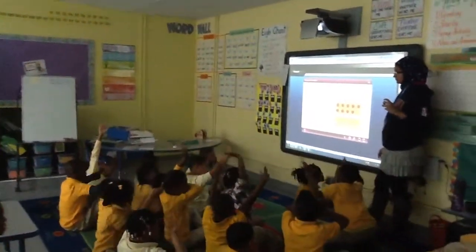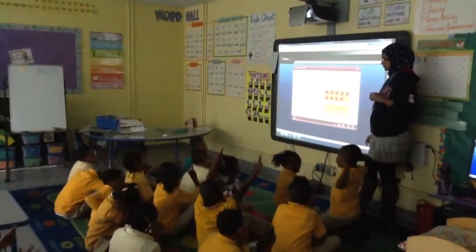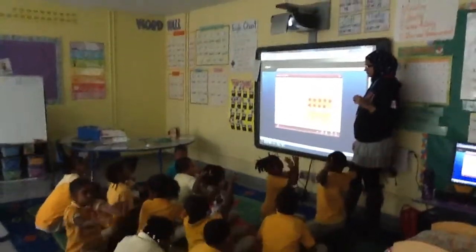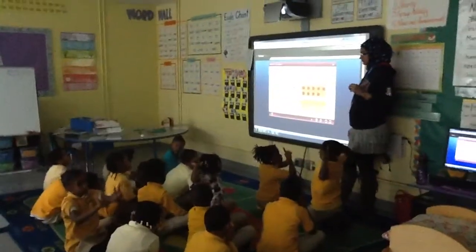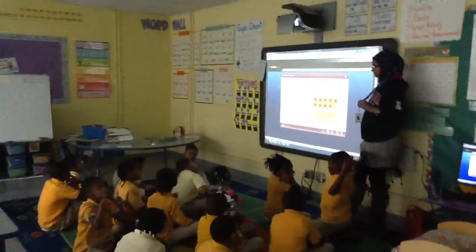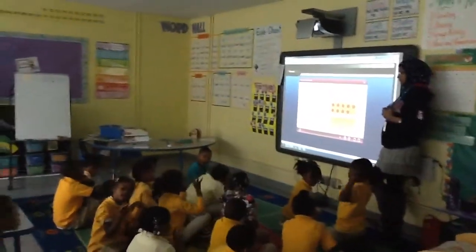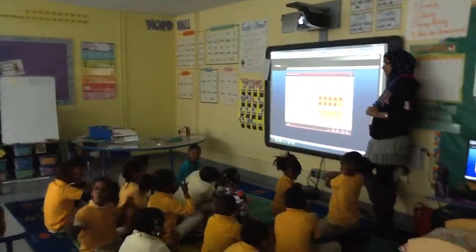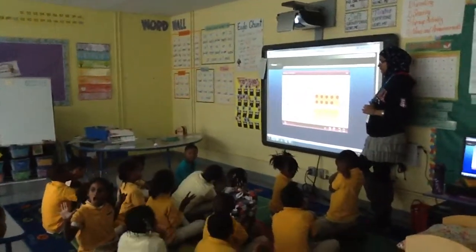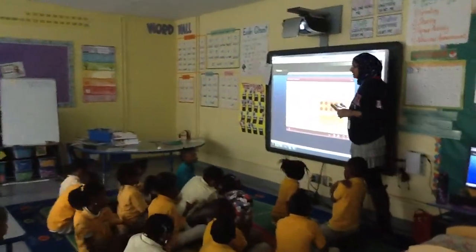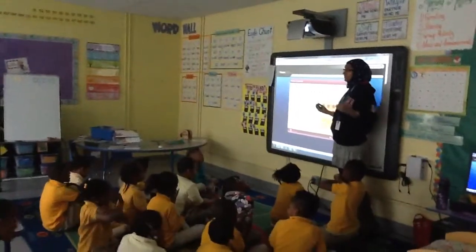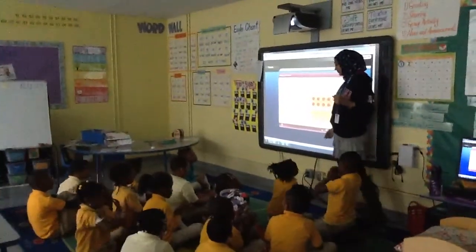William? Excellent. We have 15 counters all together. Remember, all together means you add it all up, okay?